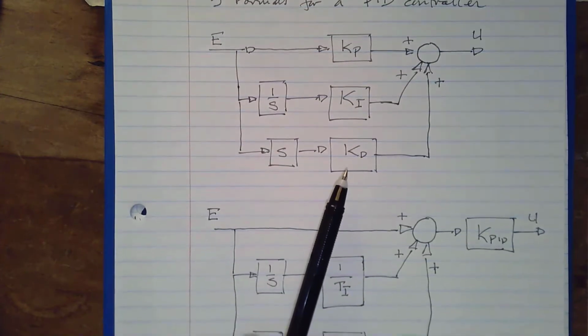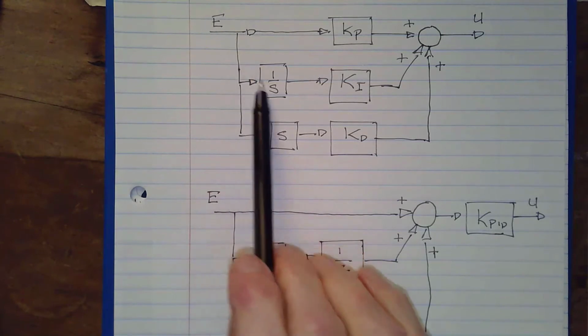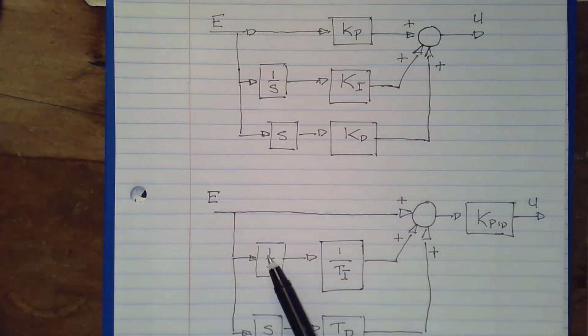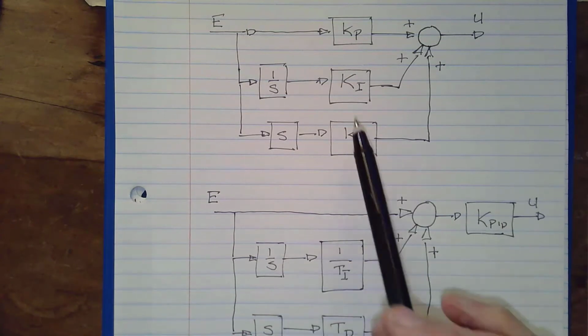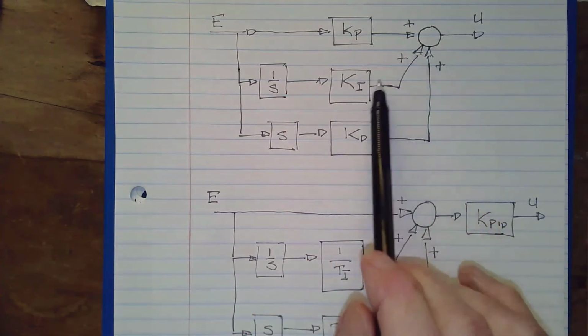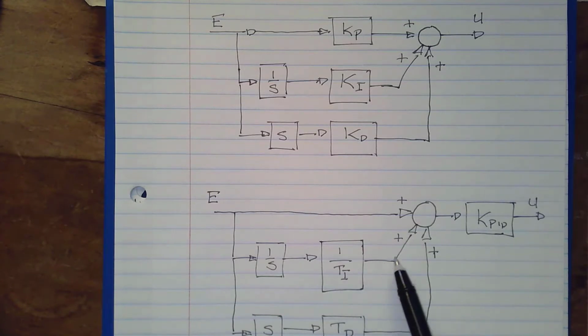If we look at the second part, the integral pathway, going from E all the way through, we multiply, well, of course, 1 over S, but we have that down here, so we're doing that in both versions. It's multiplied by KI here alone. That's all that this is multiplied by. Here, it's multiplied by 1 over TI, but then that's multiplied by KPID.